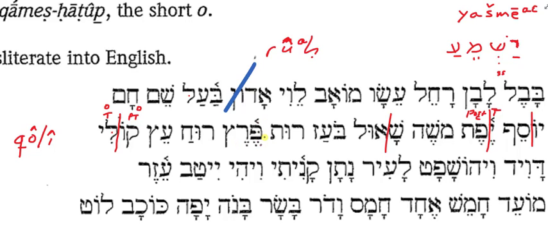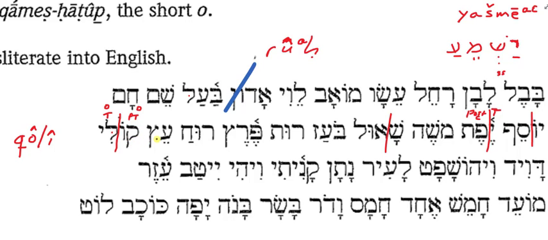Notice I have an accent mark to tell me don't stress the final, because that's what you should do unless you have an accent saying otherwise. Ruach. Because that furtive pathak is not a real pathak, this is really a one-syllable word. And we stress the one syllable. Ruach. Eitz is one syllable. And then koli. Stress that final syllable.